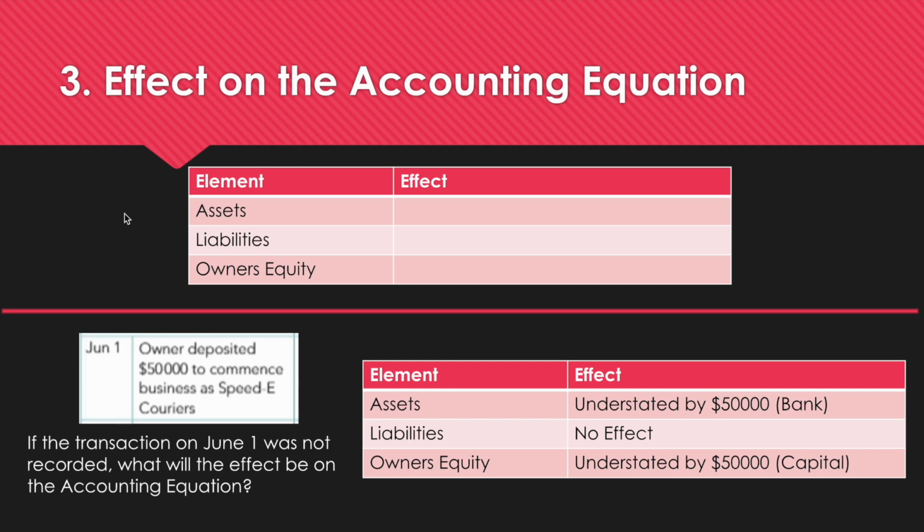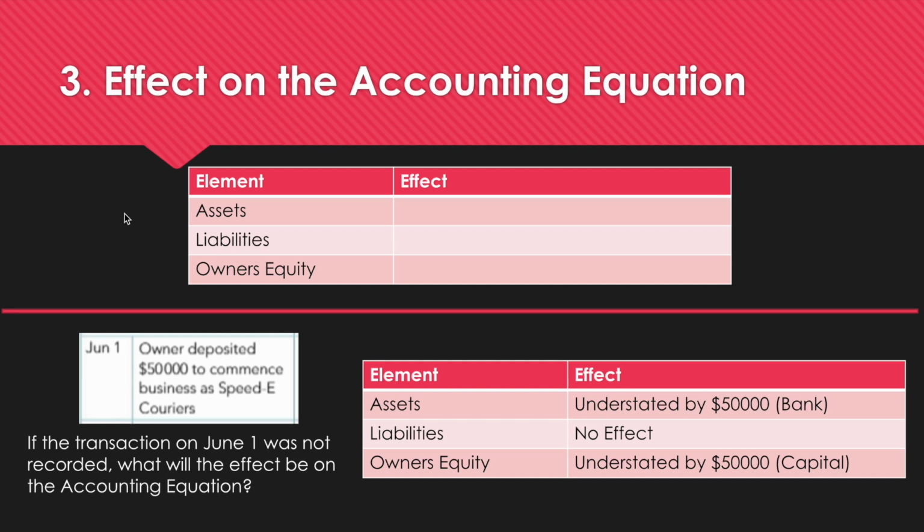So let's look at the example. For June 1st, the owner deposited 50K to a commerce business as Speed E Couriers. So if the transaction on June 1st was not recorded, what will be the effect on the accounting equation? So on the right, we can see the elements. There's 3 elements: the assets, liabilities, and owner's equity.